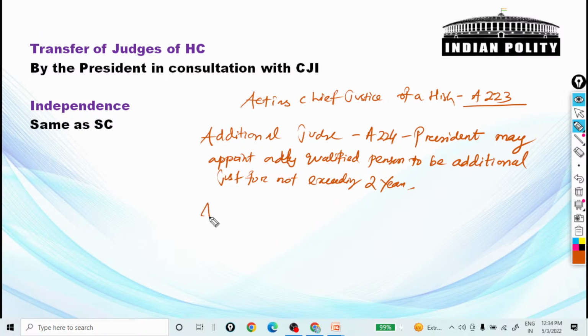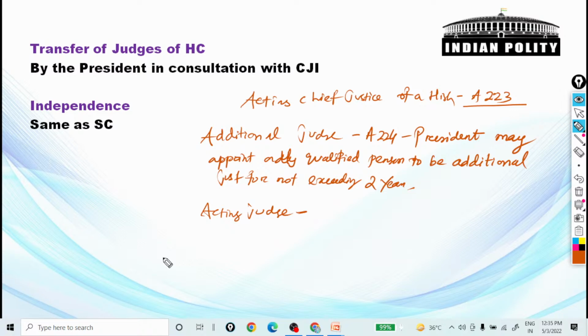And there are also acting judges. Acting or temporary judges are appointed under Article 224(2). Acting judges are appointed by the president with prior approval of the Chief Justice of India.